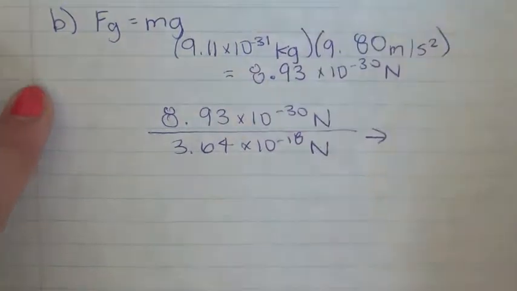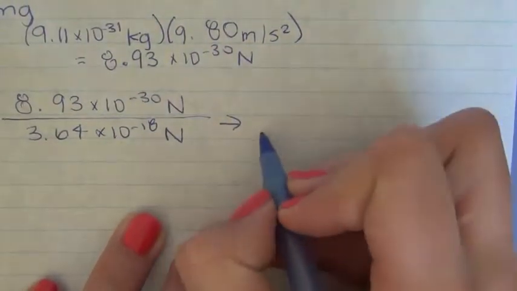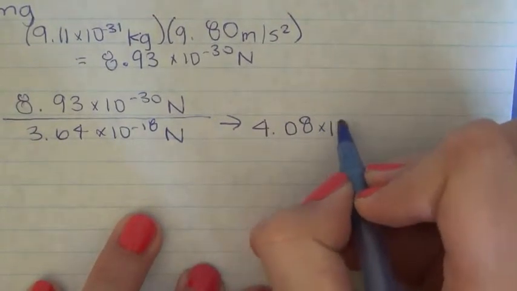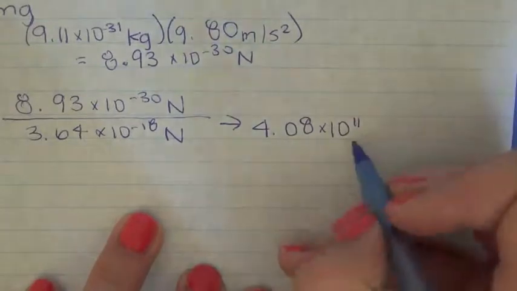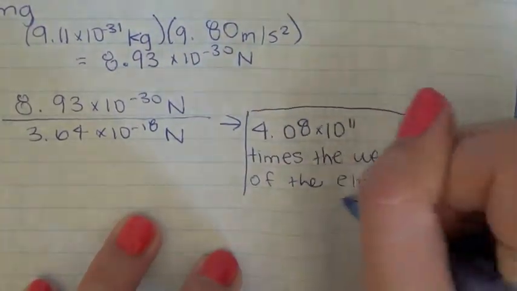And then with that, we're going to find that the accelerating force is 4.08 times 10 to the 11th times the weight of the electron. And there you have it.